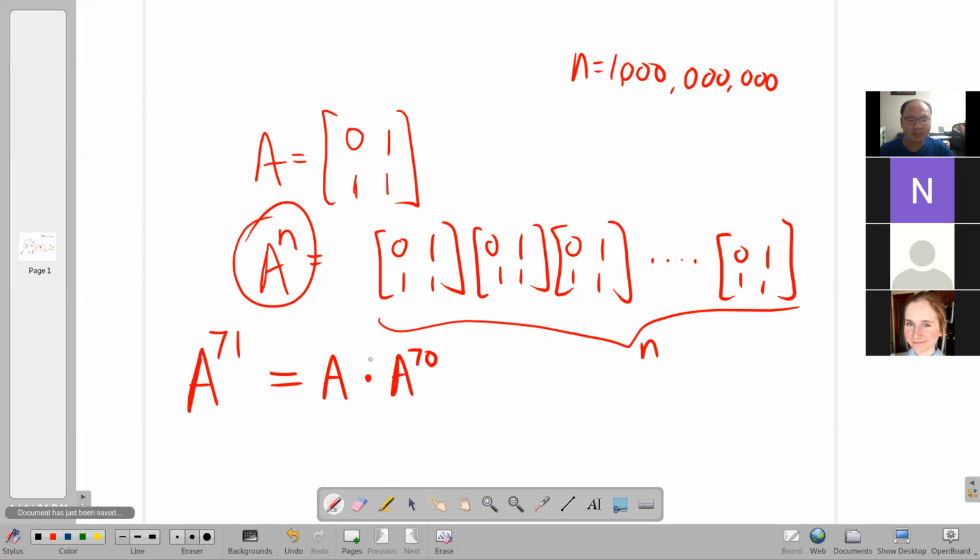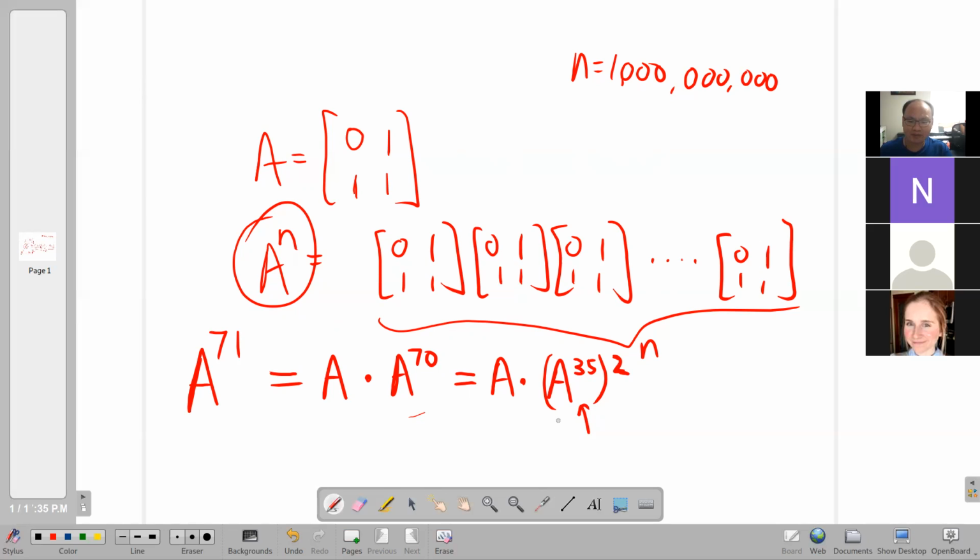But now you recursively compute A to the 70. This time the exponent is even, so I can divide like this. I recursively ask, what is A to the 35? And then in one extra multiplication, I manage to double it to 70.